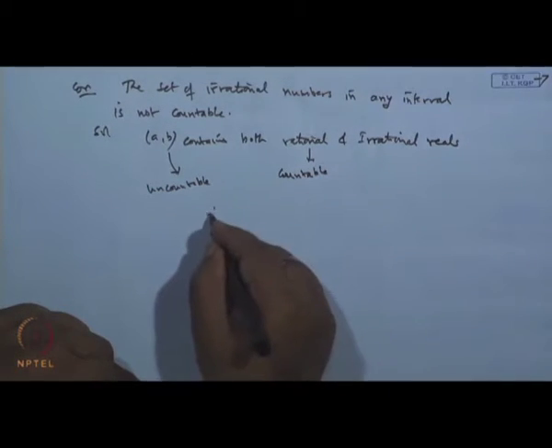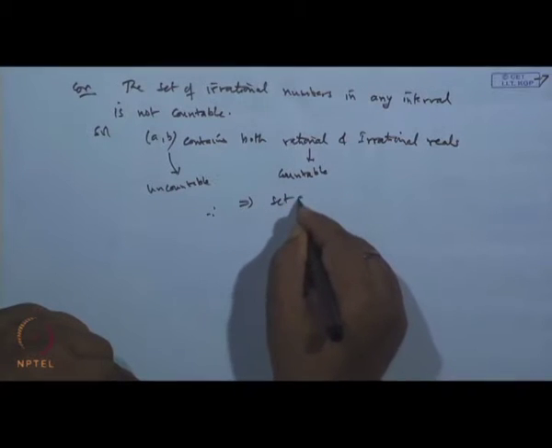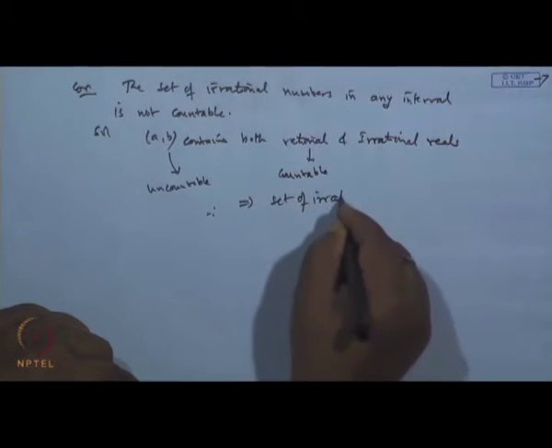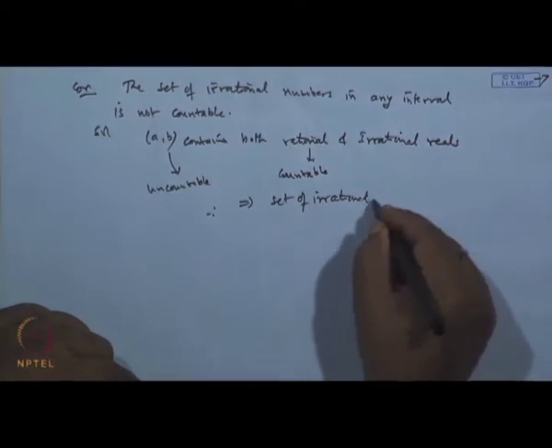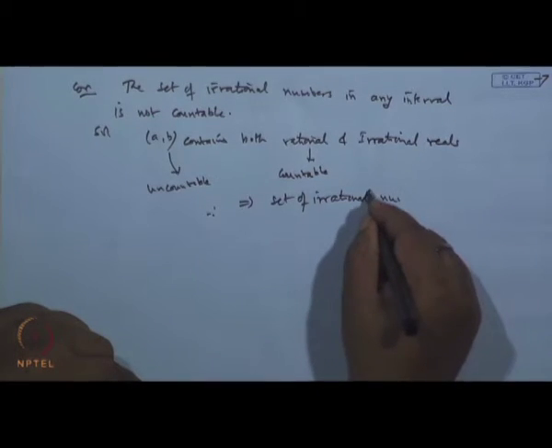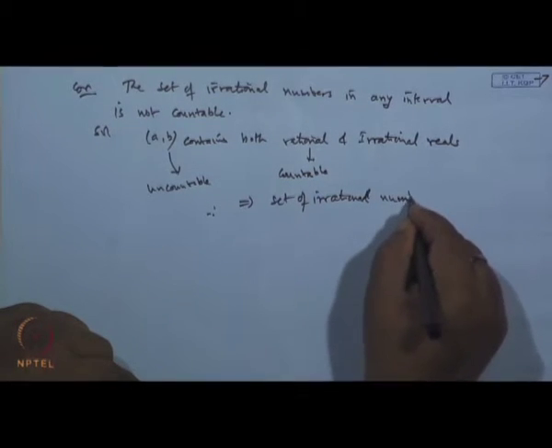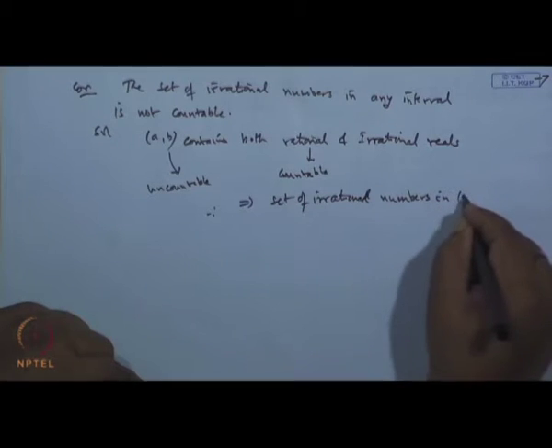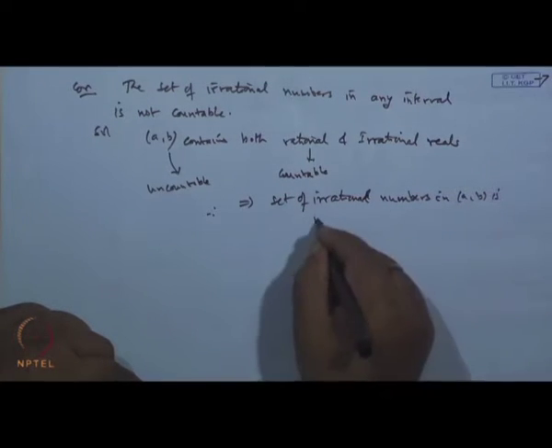Therefore, this implies that the set of all irrational numbers in the interval a b is not countable.